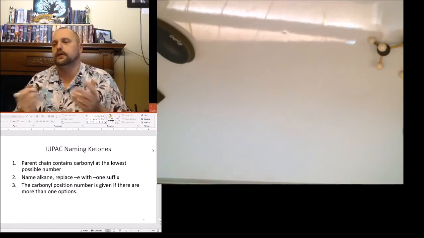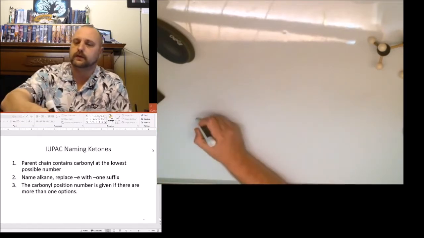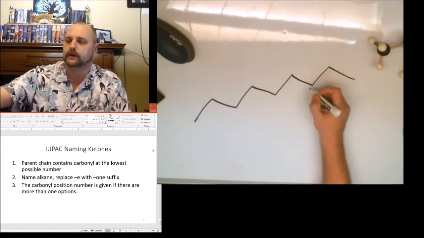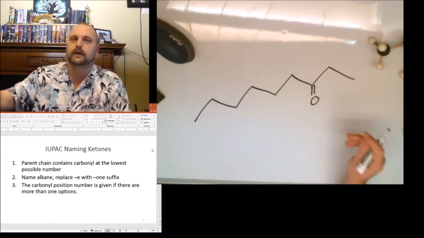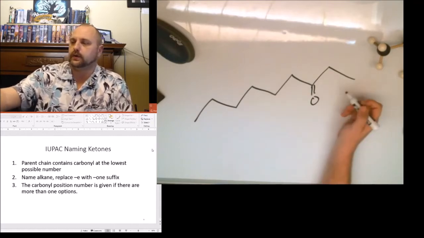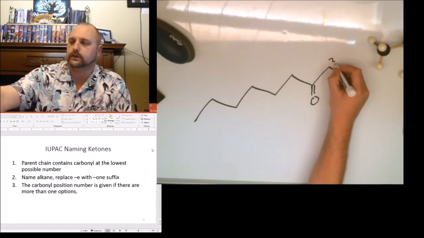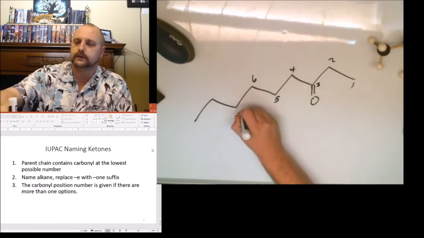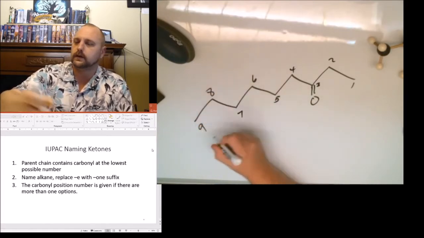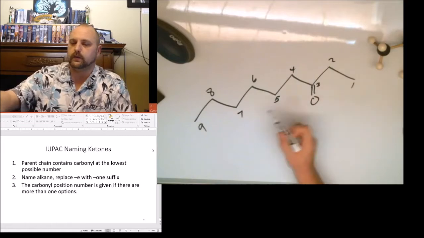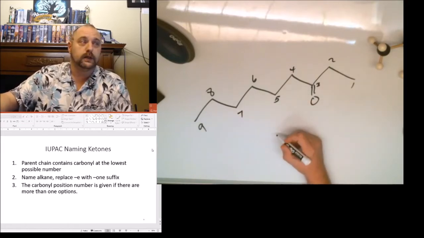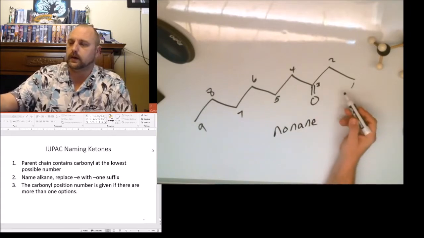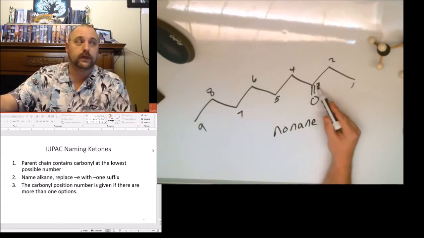Ketones, you're going to number it so that the carbonyl gets the lowest possible number. So I'm going to go right to left. 1, 2, 3, 4, 5, 6, 7, 8, 9. So we've got 9, that would be nonane. It's at 3.